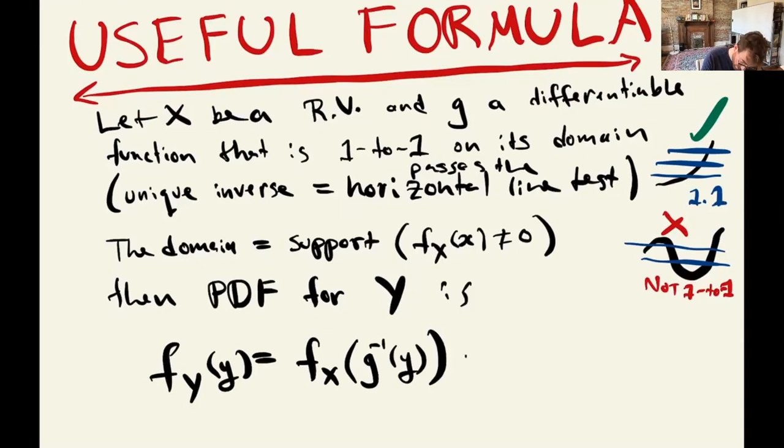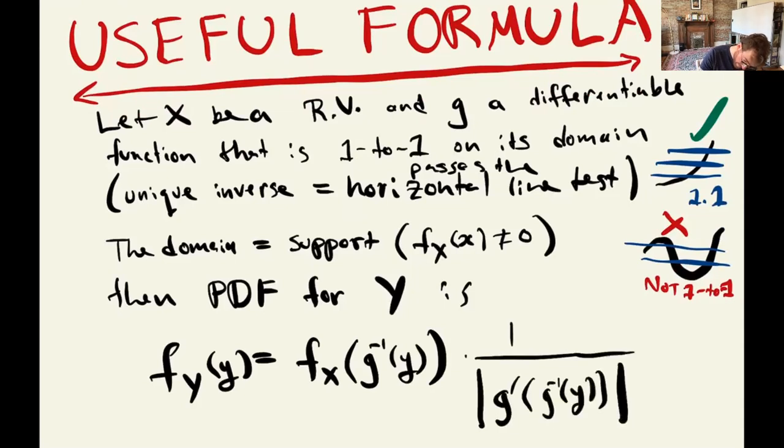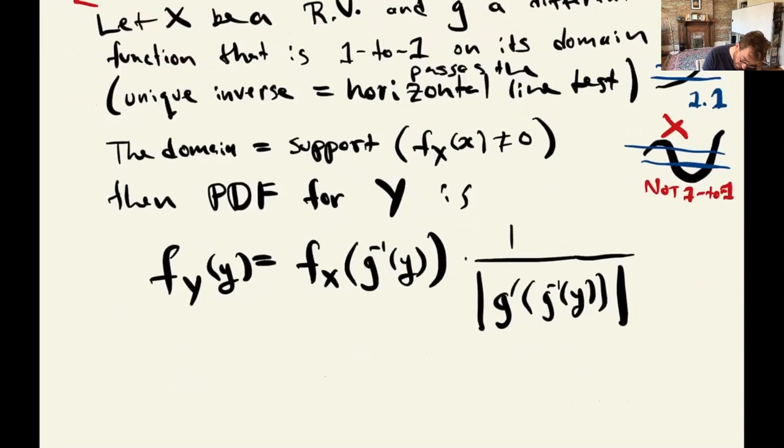And then we're multiplying this by 1 over the absolute value of the derivative of g evaluated at that same point. So I think this is the derivative of g. And this is the inverse of y under g.